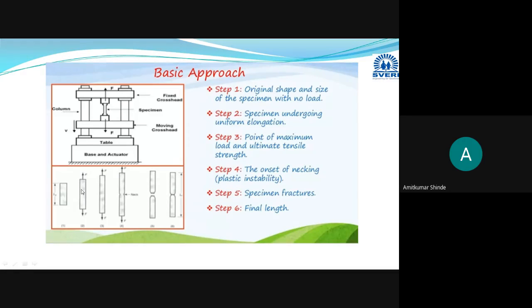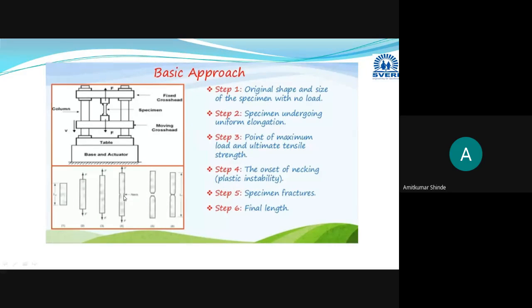Now due to this pulling force, what will happen? The length will start increasing and the diameter will start reducing. Here you can see the changes: as force or load increases, the length of the component increases and the diameter decreases. This step is termed the neck formation stage.